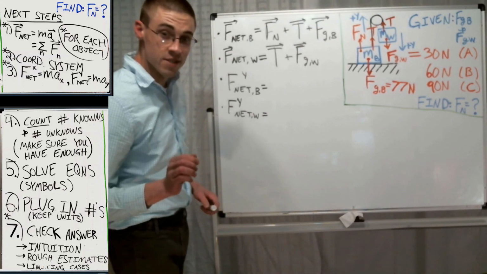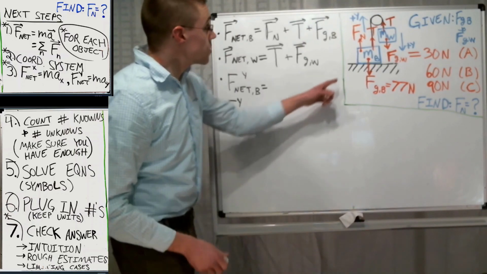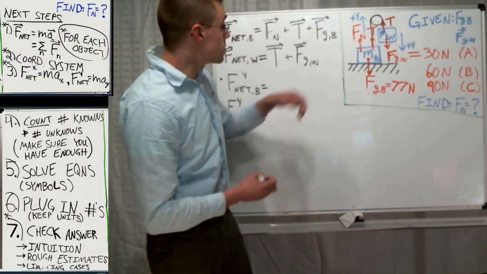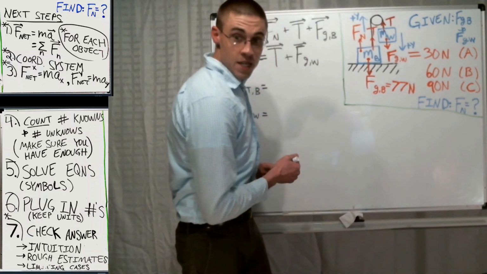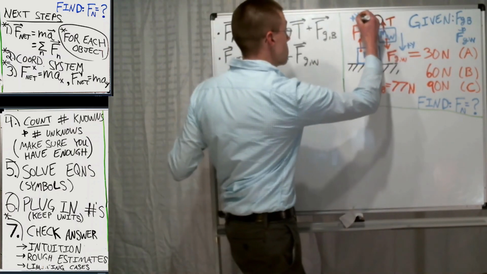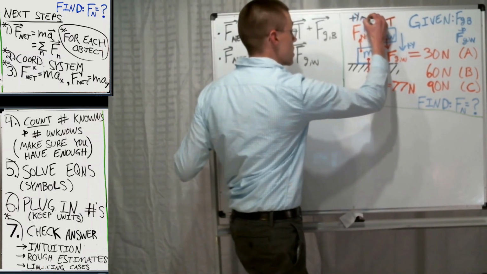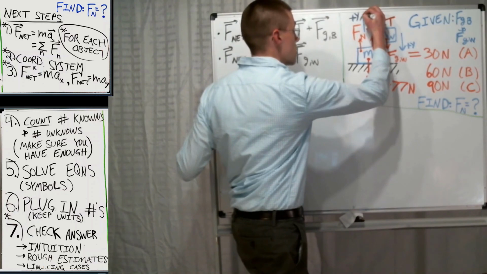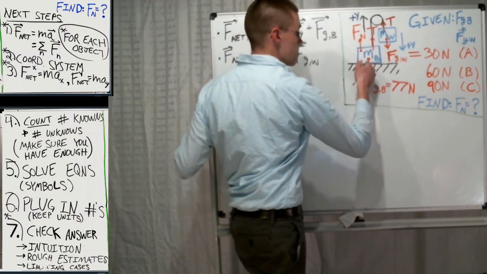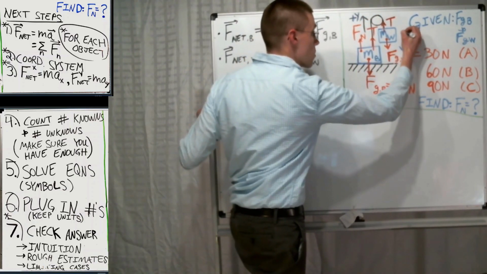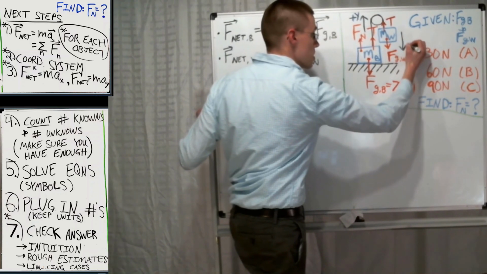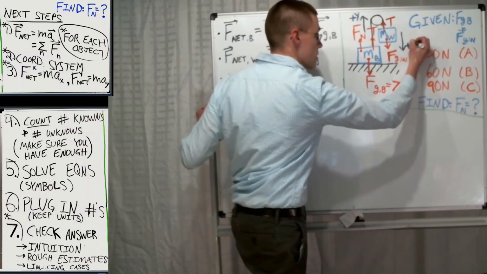This one is kind of tricky for this particular problem. If you look over here, you'll note that I have chosen for object B a coordinate system where plus y is pointing up. For mass W, plus y is pointing down.